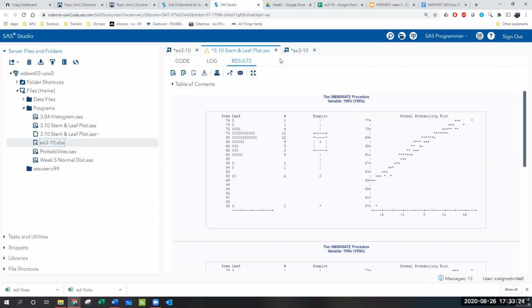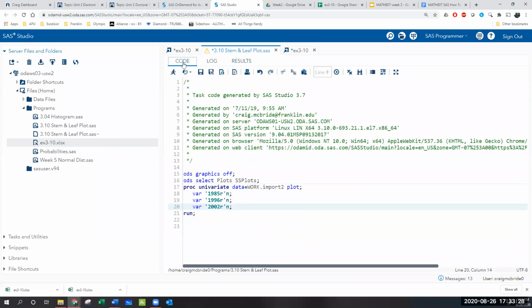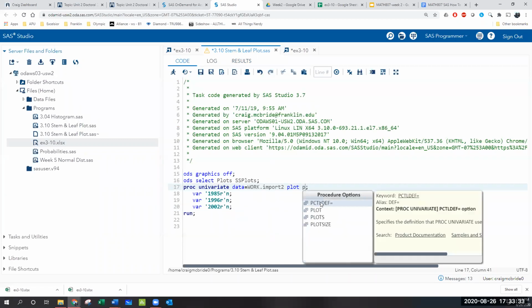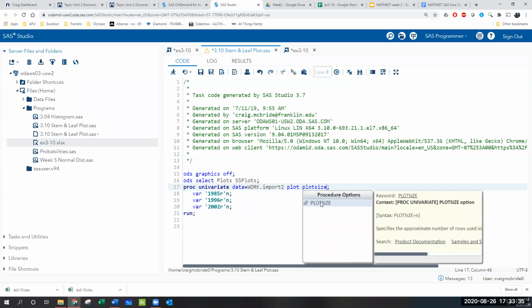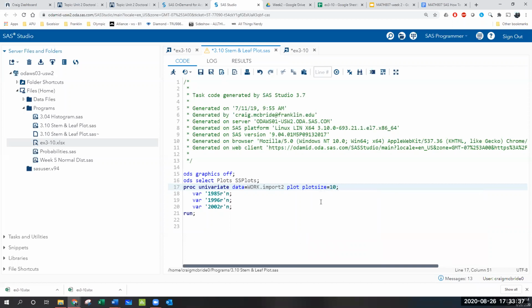Very strange. I wish there was a better way to do it than multiplying by 10. Plot size equals 10. But, you know, it works. So I would just say, go for it. Do it this way.